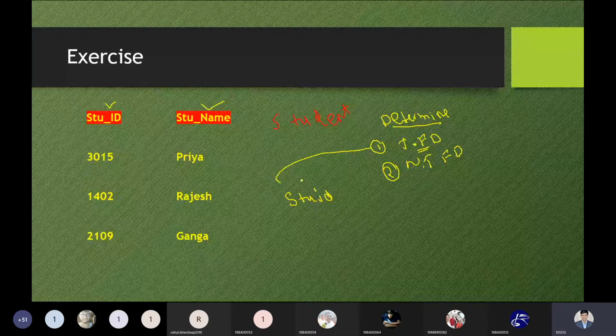So indirectly we can say student ID determines marks. This dependency is maintained by transitivity. So it is also possible to have student ID determine the marks, and this is of course done by transitivity.